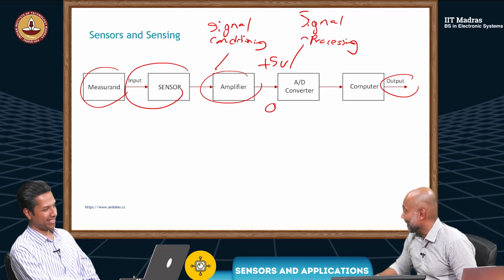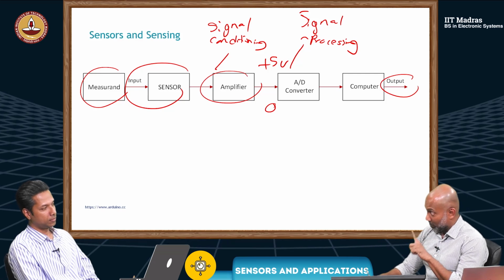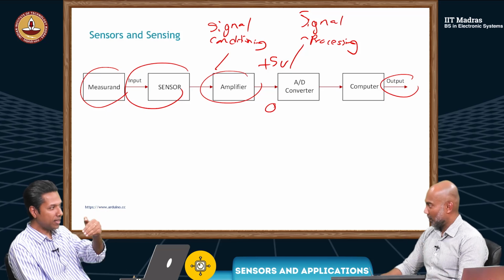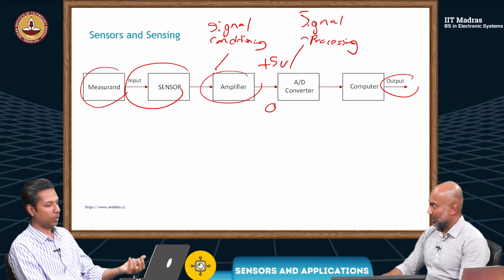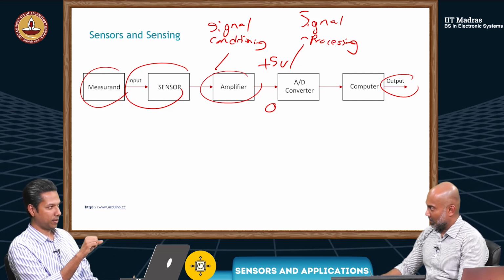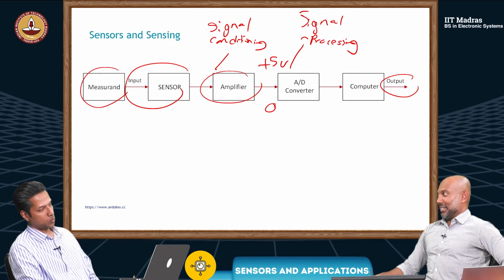But now we are complicating things. Correct. But let me ask you before that. That is true. So in that case, if you can amplify and then digitize, that will make a lot of sense. It's better. Yes. Or the error introduced by the ADC will be small there. Yes.